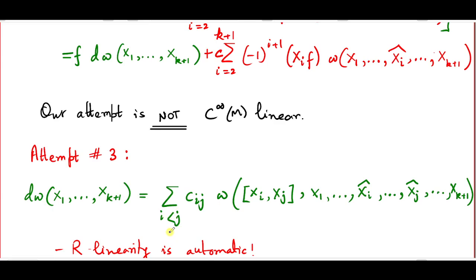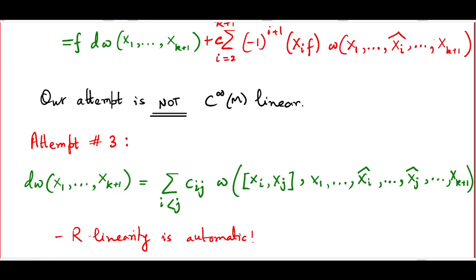Now here, our attempt, that is attempt number 3, is obviously R linear. Each and every Xi is there in some term or the other of the sum, and when you replace Xi by a linear combination, that term will give rise to the corresponding linear combination. Adding them all together will actually give you an R linear result.